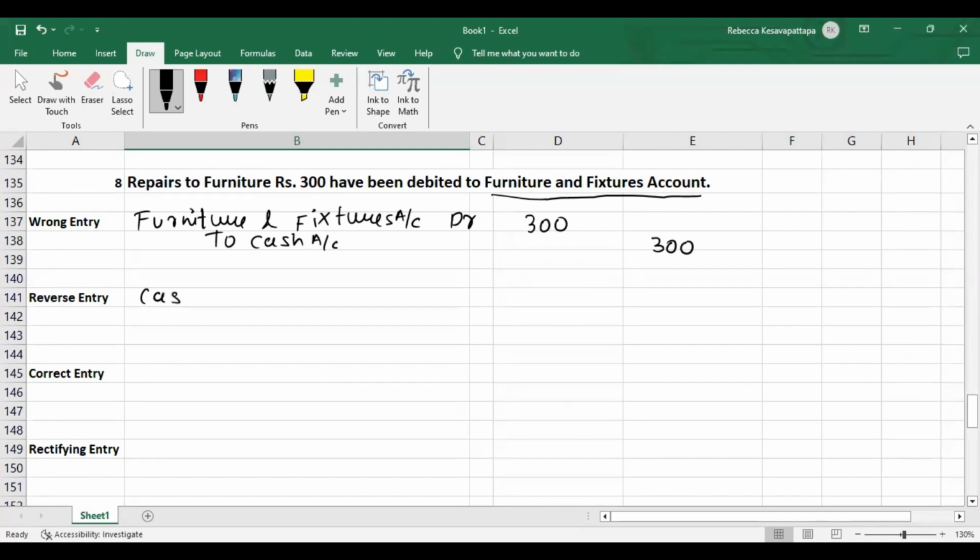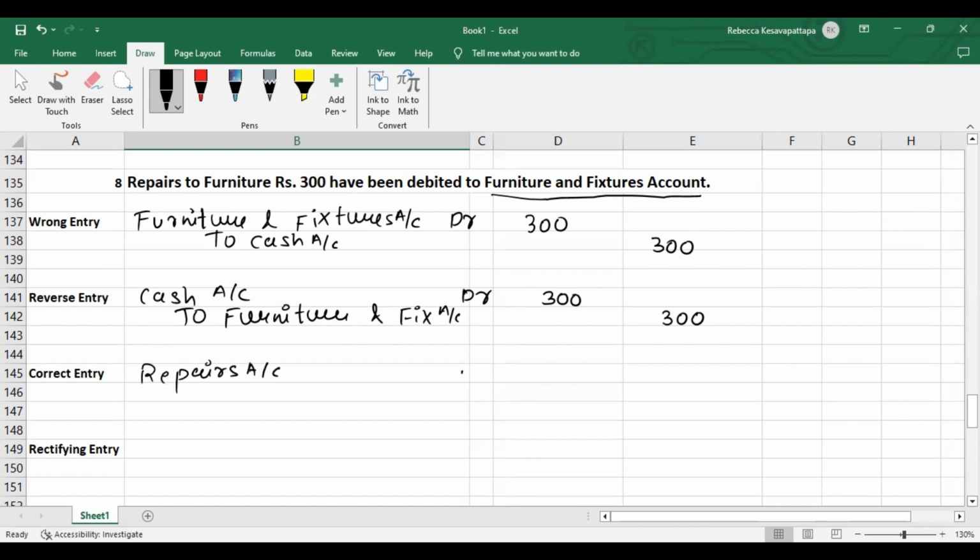Reverse entry, cash account debit to furniture and fixtures account, 300. What should have been the correct entry? The correct entry should have been repairs account debit to cash account, 300, and this should be 300.